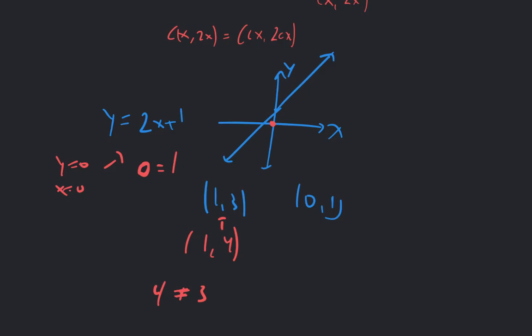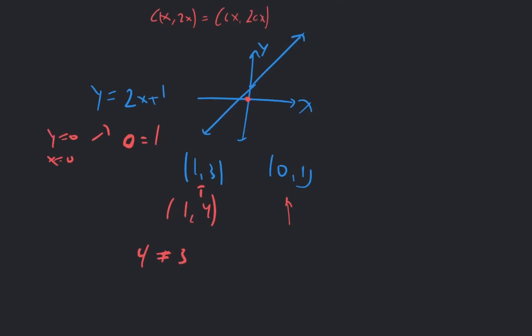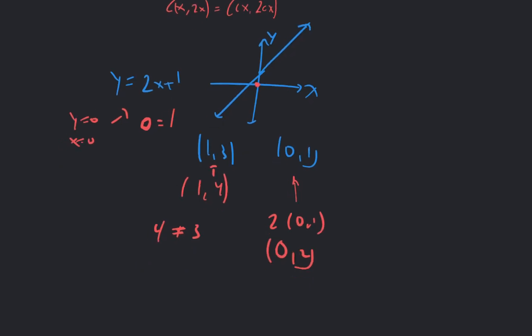If we were to also scale, let's say scale 0, 1 by 2. That would give us 0, 2. And 2 does not equal 2 times 0 plus 1, which is the 2x plus 1 condition.